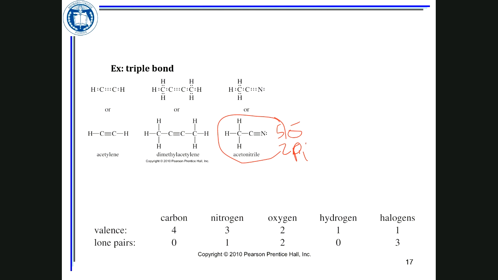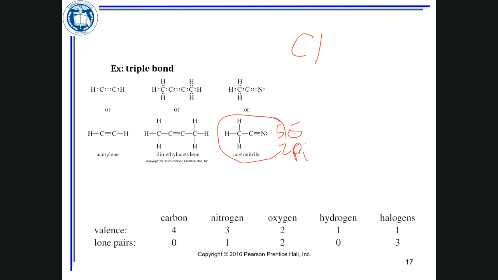And then the halogens. Halogens, if you have like chlorine, bromine, or fluorine, they cannot be central atom either. Why halogens don't form more than 1 bond? Because halogens, they have very high electronegativity. Group 7 in the periodic table, they're very close to noble gas. They have the highest electronegativity in each row.